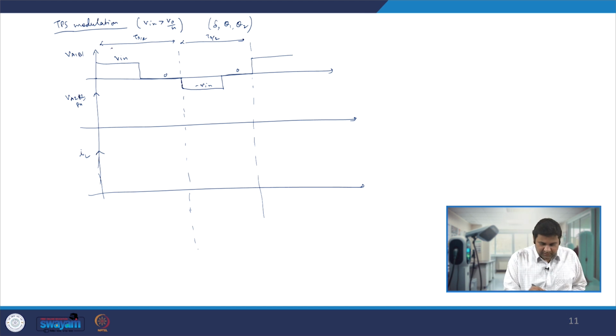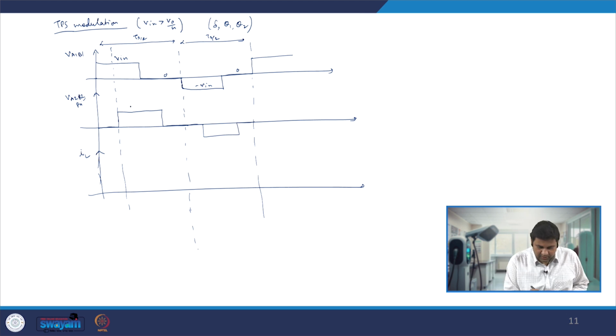So let us define this phase shift to be delta, and previously it was 0, it is 0, then it is delta, 0 applied, then the zeros continue, and then again it applies V naught, then goes like this.